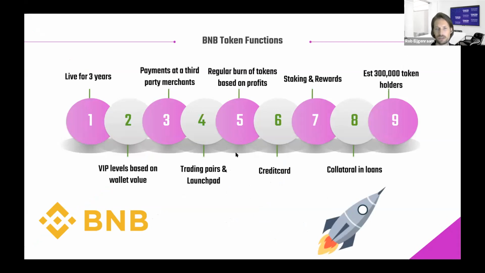They also provide trading pairs on their exchange in BNB tokens. And like mentioned before, they regularly burn a number of tokens to decrease the supply and thus increase the value. There are at the moment around 300,000 token holders and growing quite fast.